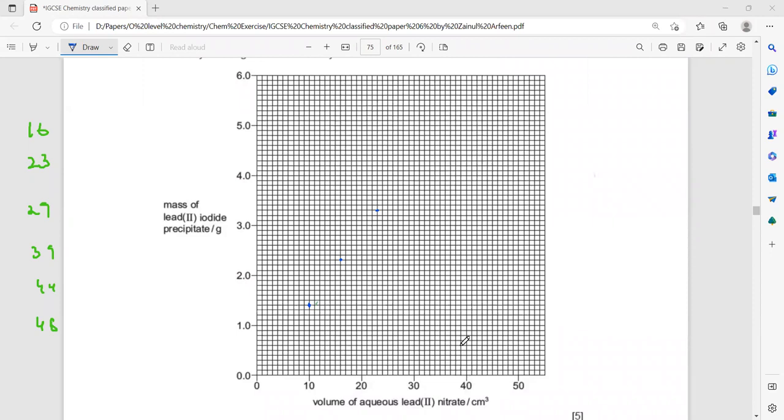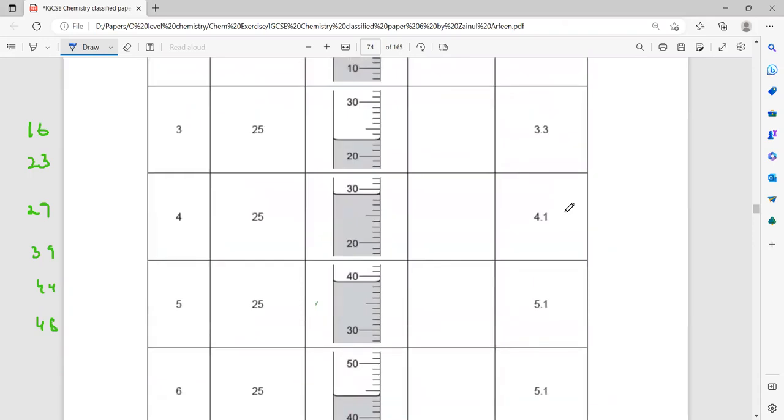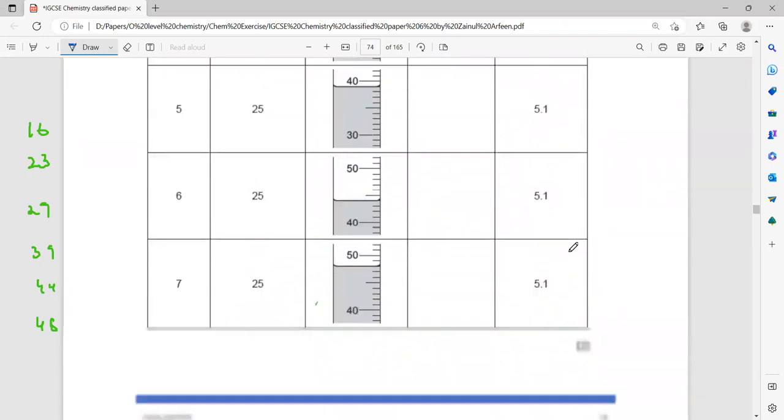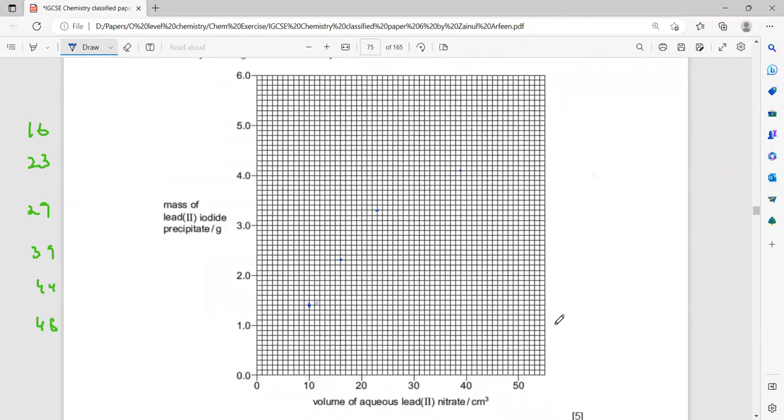This was 39, and this is representing 4.1. And then we have 44 and 5.1, and 48 and 5.1.